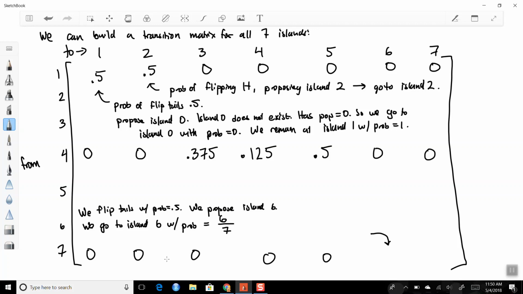So the total probability of going to island 6 will equal 1/2 times 6/7. So we have 6 over 14, or 3/7.